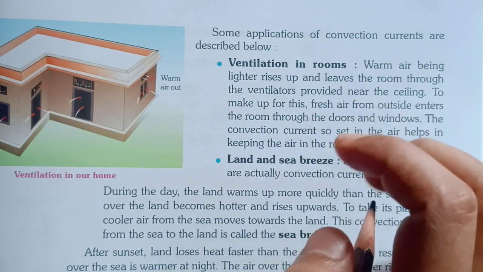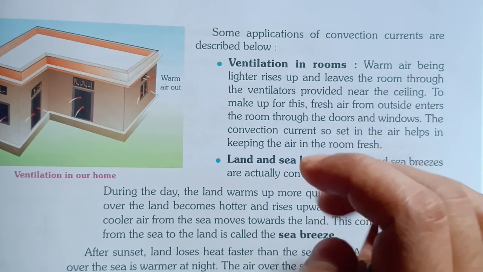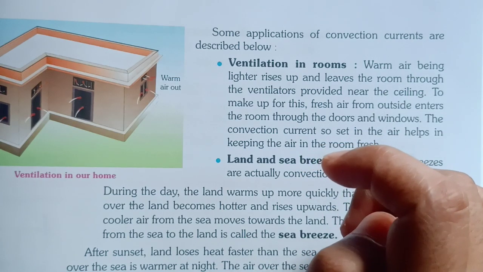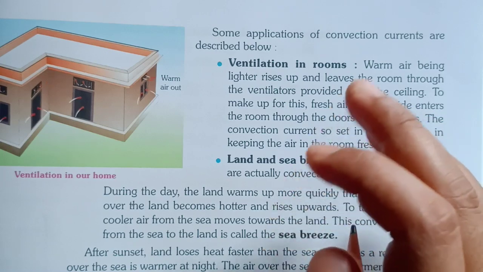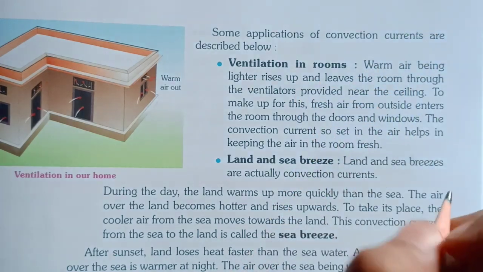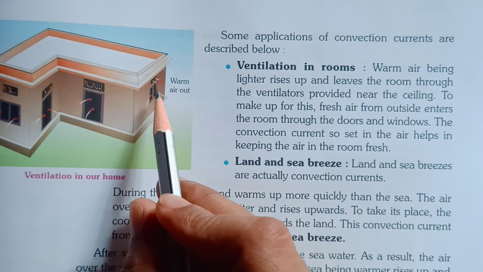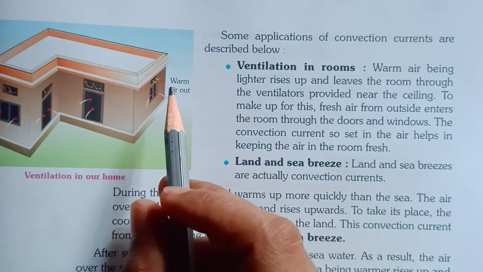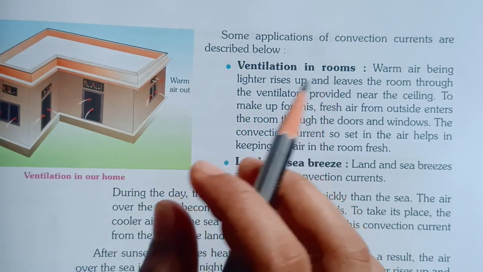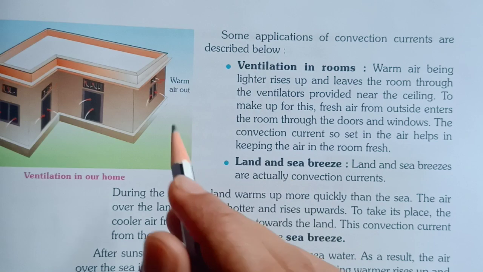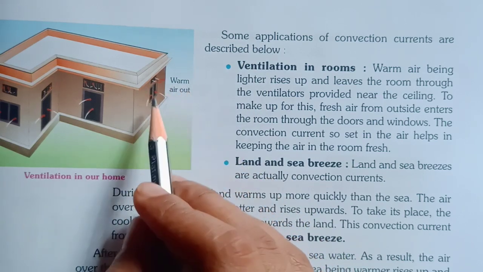So a cyclic process will occur, okay, and the heat will eventually get distributed. So to avoid this, so that we can release the heat from the room, we use ventilators. As you can see, warm air is getting out. So when the room is getting heated up, the warm air, due to the flowing property or the fluidity property of air, will rise up and get out from the ventilators.